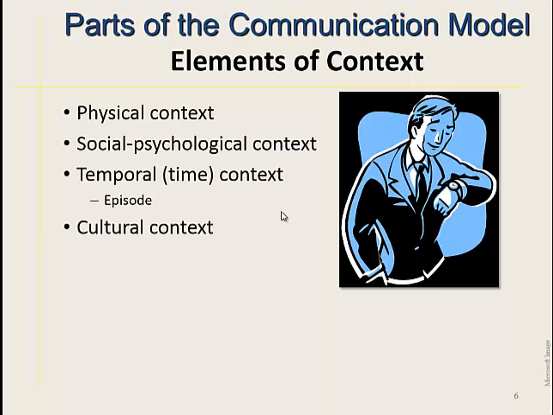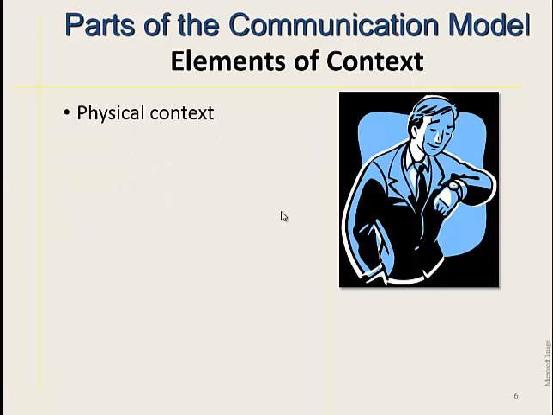There's 4 parts to the context, and the first part is the physical context. The physical context contains all the physical elements in the environment. The chair you're sitting in, the desk, the computer, the headphones you have on. All of these things are part of the communication model context.